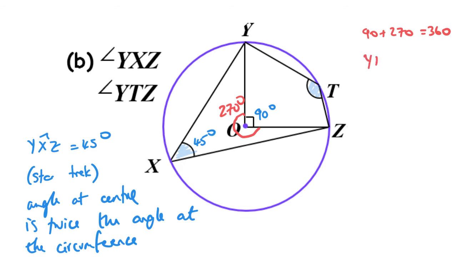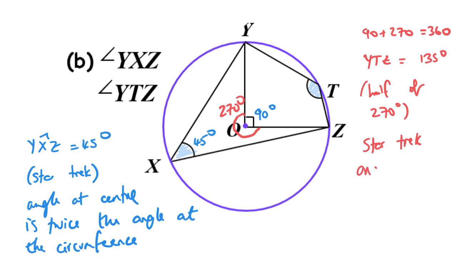So that means that YTZ is going to be 135 degrees. And that's half of 270 degrees. Again, Star Trek. Or the more formal language would be the angle at the center is twice the angle at the circumference.